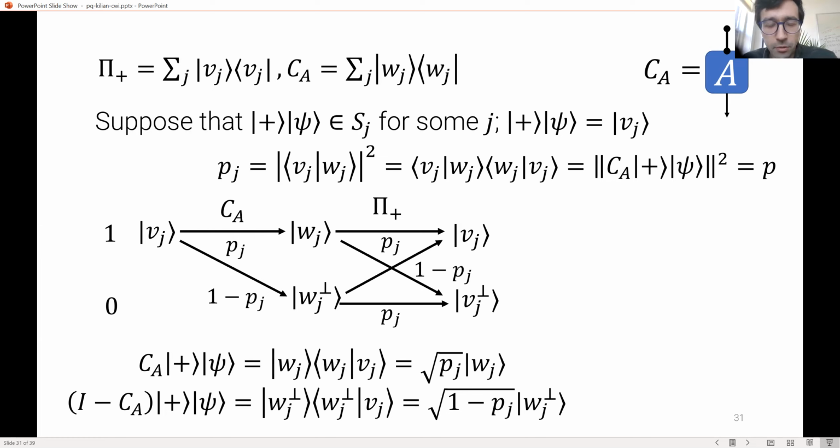You can also show, I'm not going to go through it, that if you're in Wj perp, then you move to the state Vj with probability 1 minus Pj, and you move to the state Vj perp with probability Pj. So what's happening is that you stay in the one outcome state with probability Pj, and you flip to the zero outcome state with probability 1 minus Pj every time.